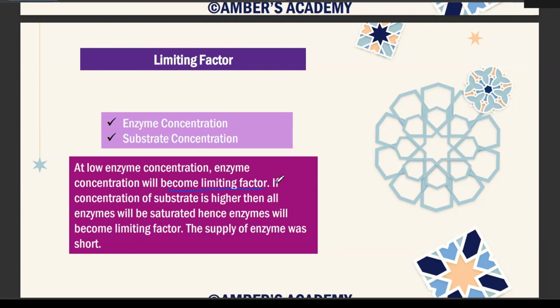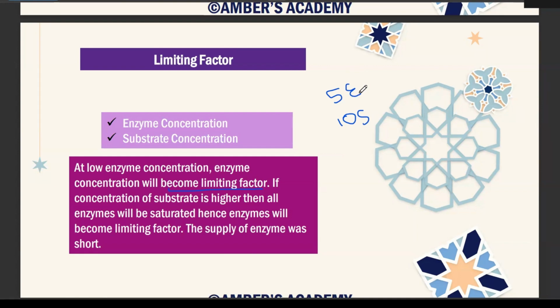If I explain this to you in a mathematical format, then you'll be able to understand this more efficiently. For example, there are just 5 enzymes in a particular reaction, while you have 10 substrates that need to be catalyzed. This is not a very good example, but just for you to understand, I'm explaining it in a mathematical format.